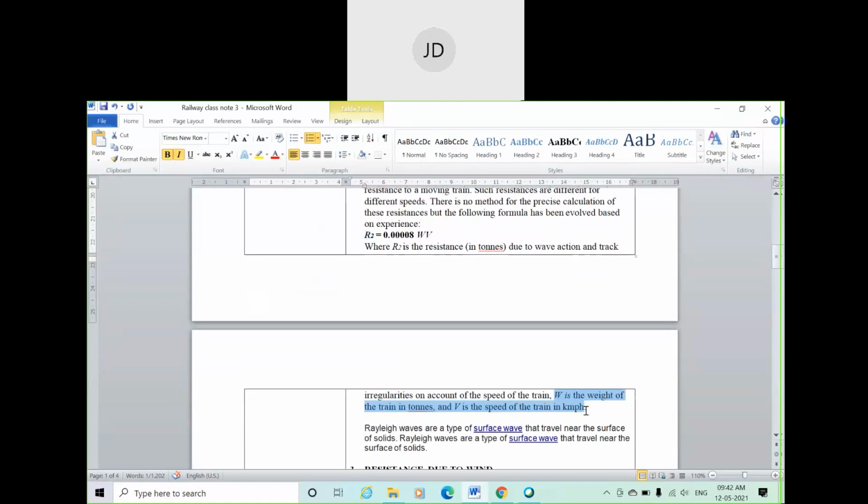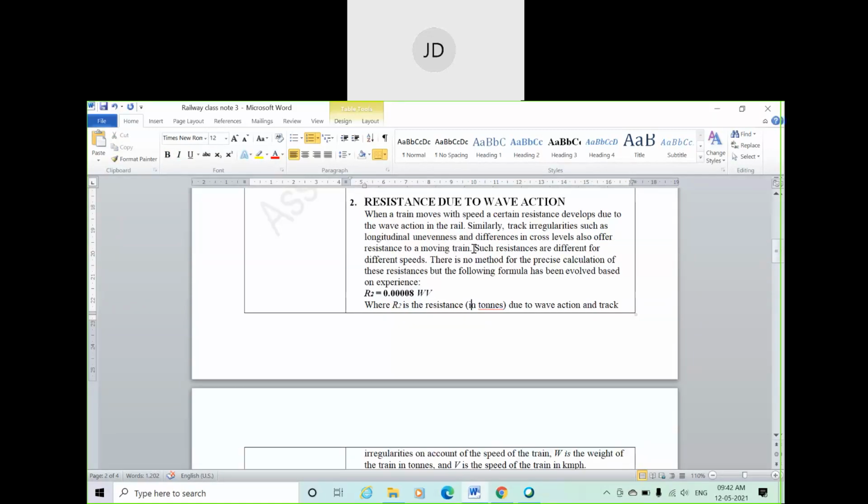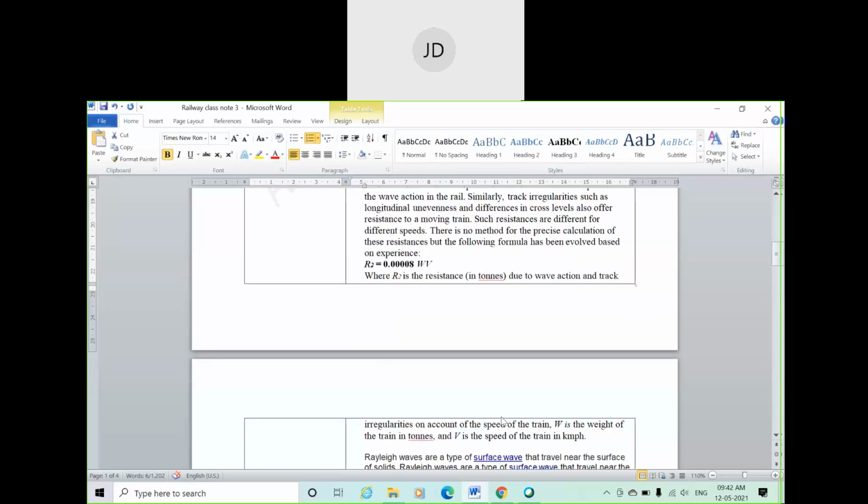So the main point here is that this resistance due to wave action depends on the speed of the train. But here you can see the resistance due to friction.